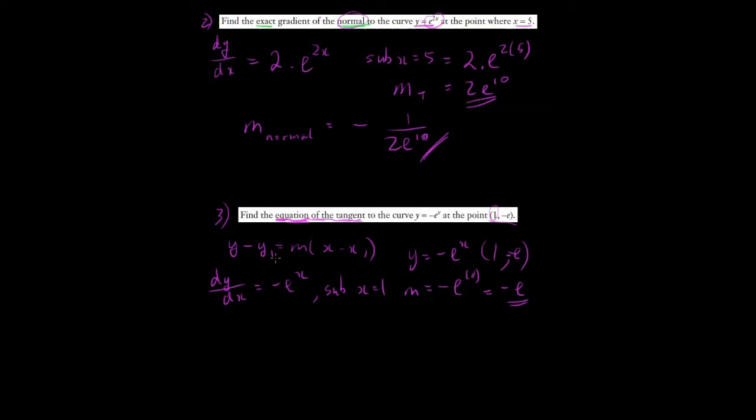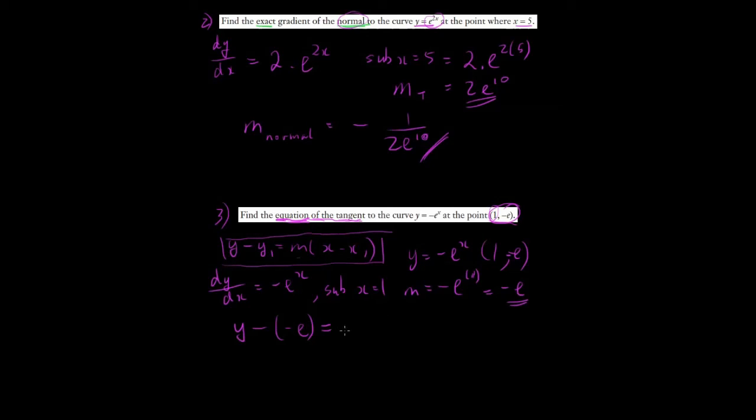I substitute my gradient into my formula for an equation of a line using this point that they gave us, right? So y minus, now that's minus e for y, as you can see, and this is equal to m.